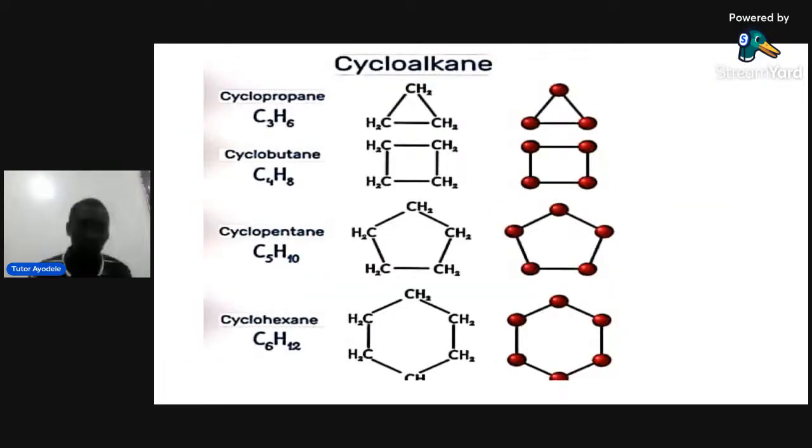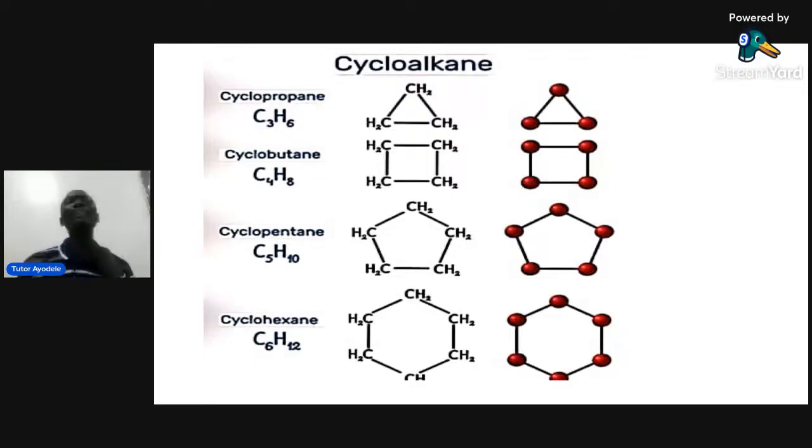Now, you can see the cyclo form of alkane. I said earlier that we have alkanes and we have its cyclo form. But why do you know that it is alkanes? Alkanes usually have single bonds. If you look at this diagram, you see that they all have what? Single bonds.